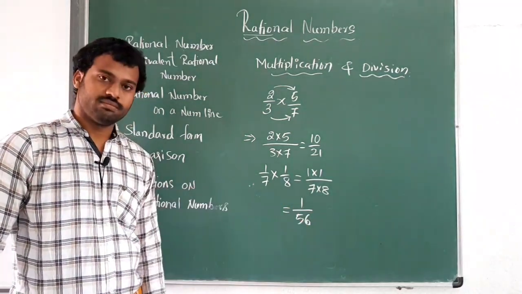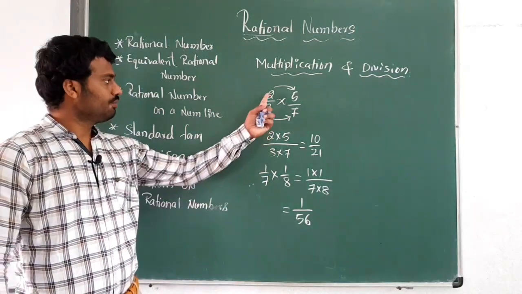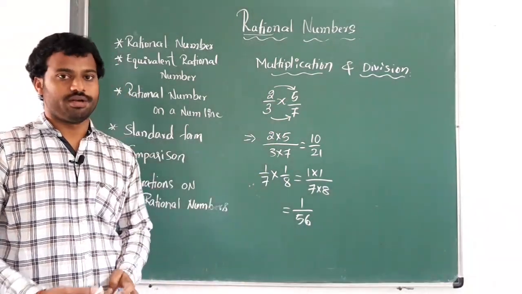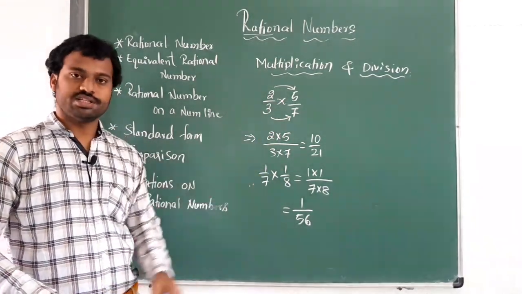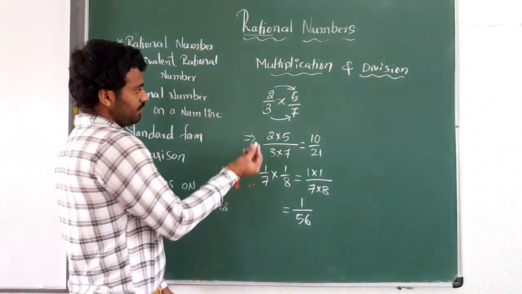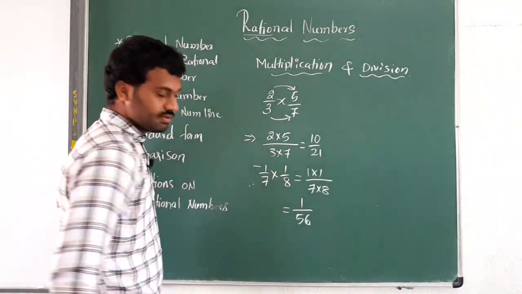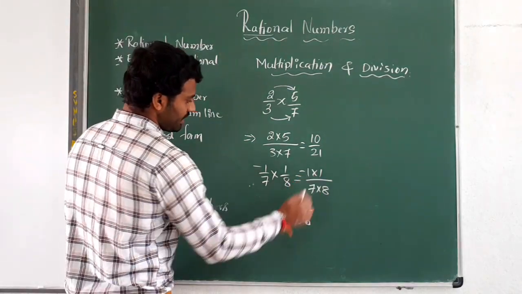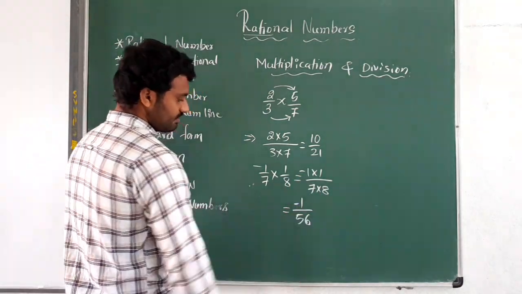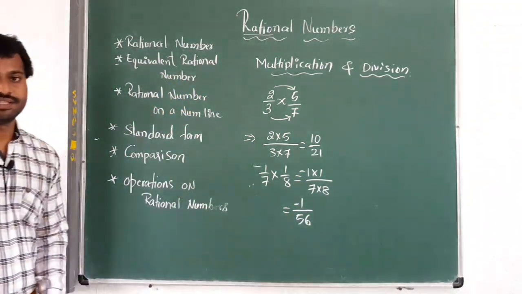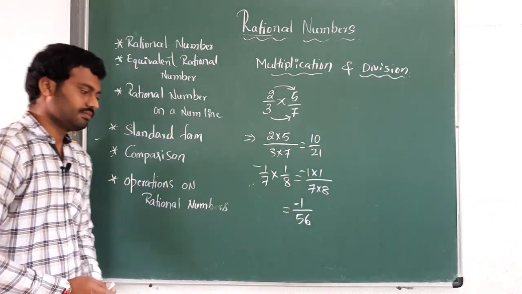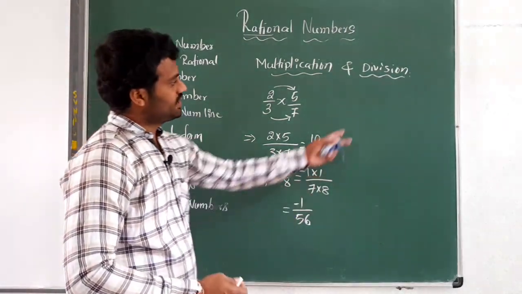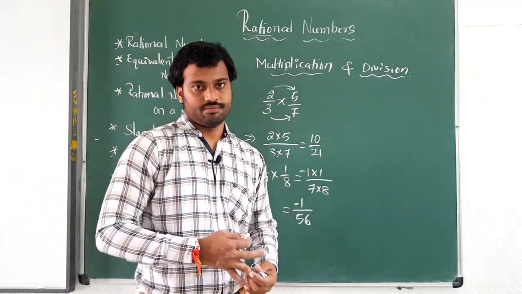Very easy, no? Multiplication is just numerator to numerator, denominator to denominator. If signs are there, just go with the negative sign. Suppose here it is minus 1 by 7. Just take plus into minus, minus 1 by 56. Clear? So next, the division.